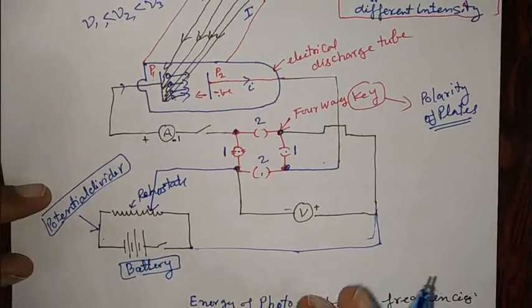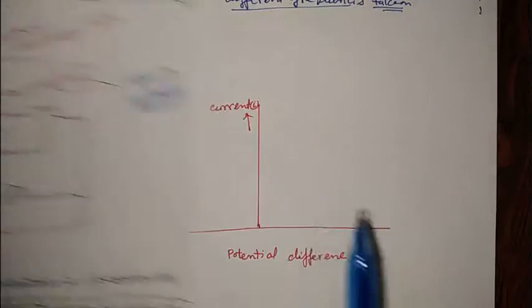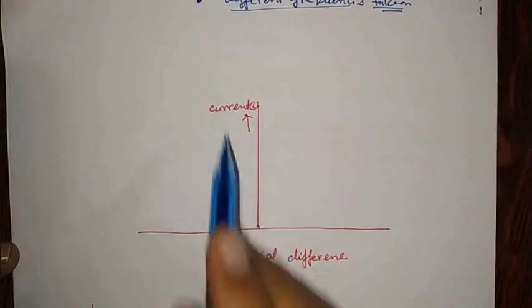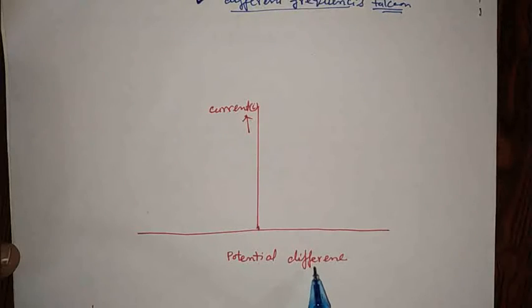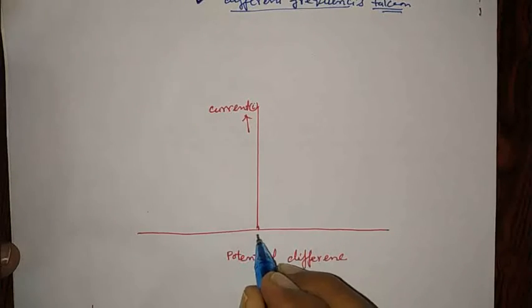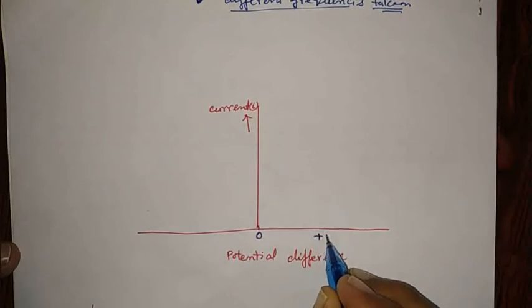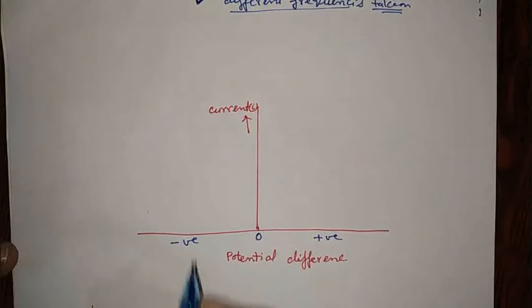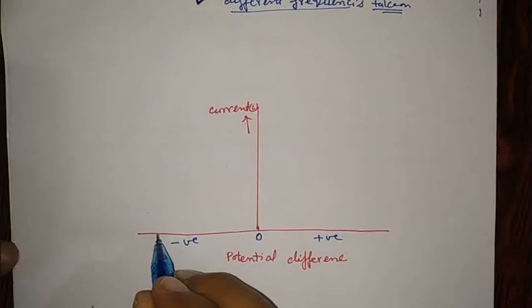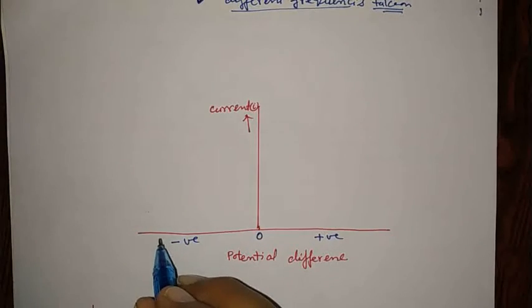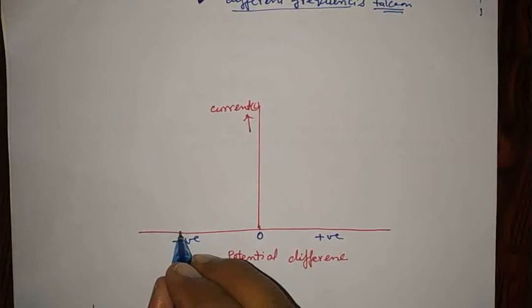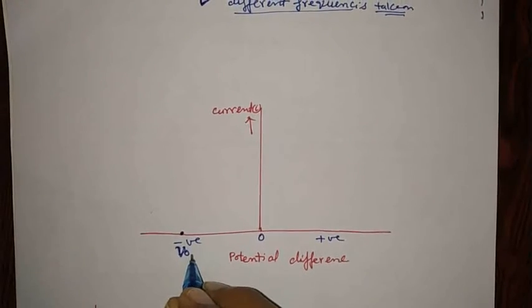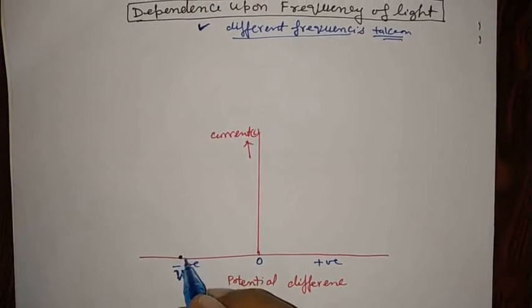And this can be understood clearly in this graph. This graph is photocurrent I versus potential difference. On this side it is 0, this side the potential is positive and here negative. So we take the negative potential at plate P2, and let the stopping potential be V0 for nu 1.